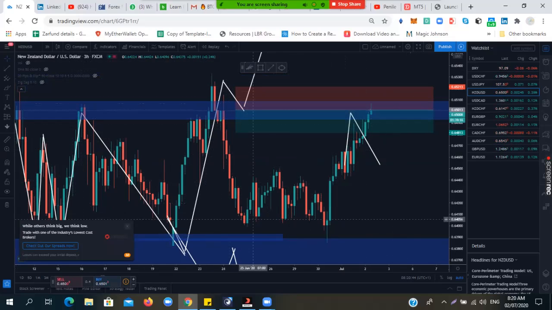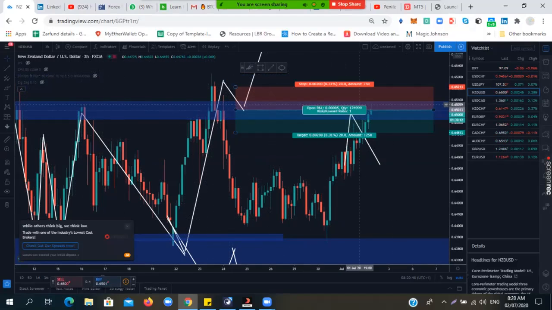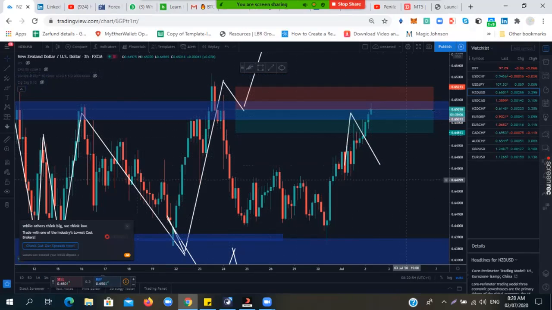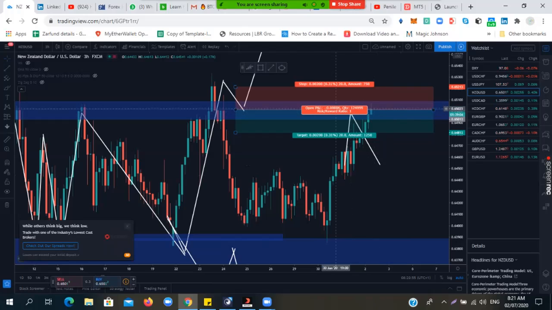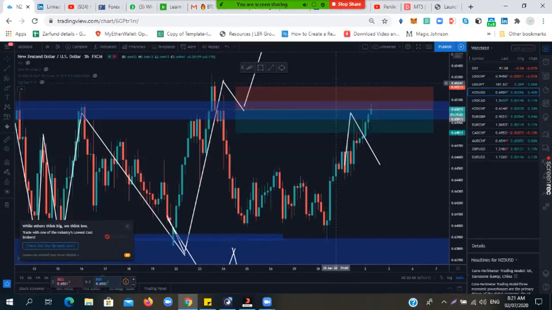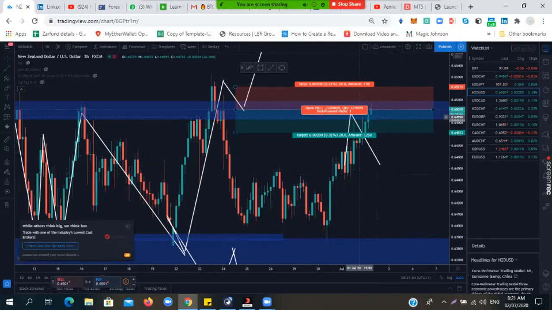This is a structure break here, guys. This is a structure break here. This is a structure that was created here. So I'm expecting to see this drop off from here for a sell. Just the way I set it here right now, this is the stop loss, this is the take profit. So I'm expecting it to drop off from here for a sell. So that is what it is for NZD USD.